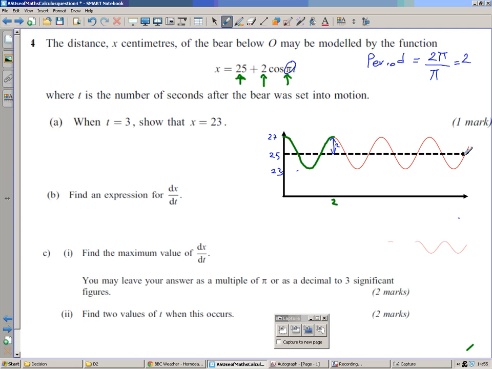And that's another repeat. That's going to be 4 there. And another repeat.